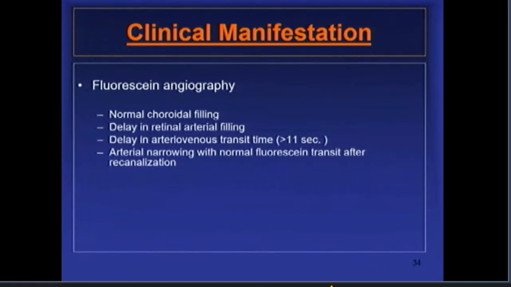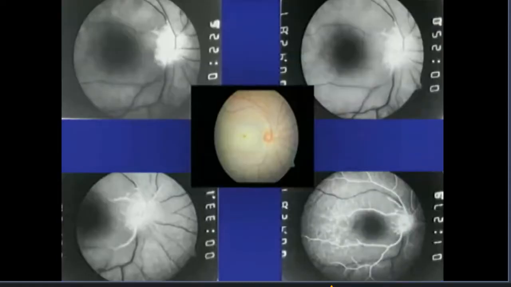So you might have a patient who had an attack of central retinal artery occlusion and comes with recanalization, and that might show you a normal fluorescein angiography with poor visual acuity, so that cannot be correlated. So think about the possibility of an old central retinal artery occlusion.